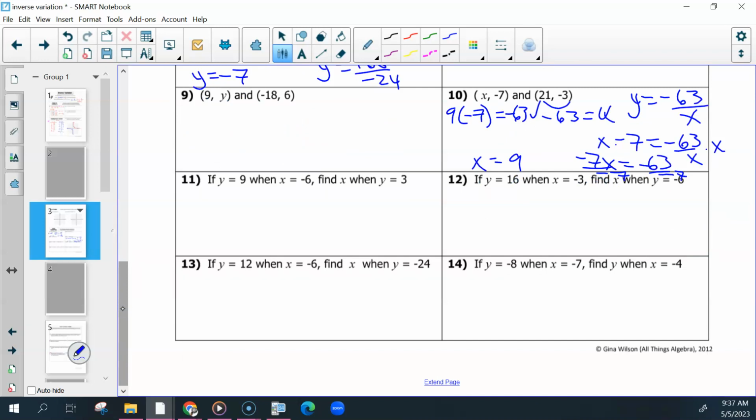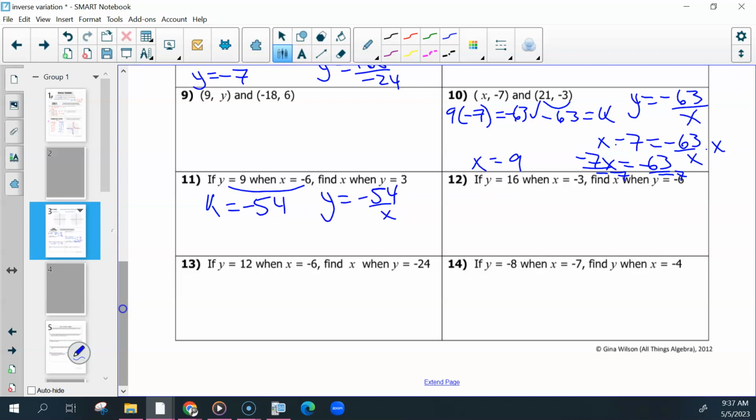Okay. 11, same thing, same process, but now it's in words. Take the 2 first numbers that you have together, multiply those, what would you get? 54. Your equation y equals negative 54 over x.